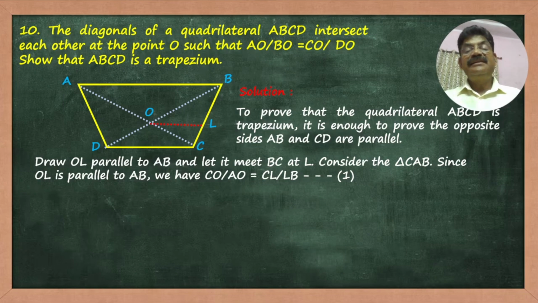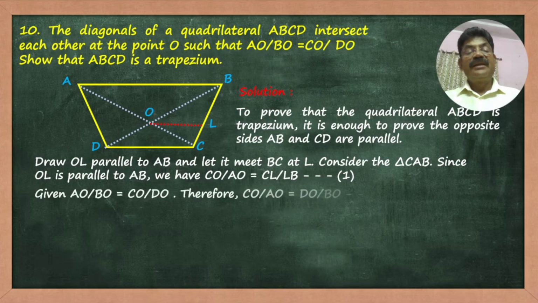Consider the triangle CAB. Since OL is parallel to AB, we have CO divided by AO is equal to CL divided by LB. You call this equation 1. Given AO divided by BO is equal to CO divided by DO. Therefore, CO divided by AO is equal to DO divided by BO.